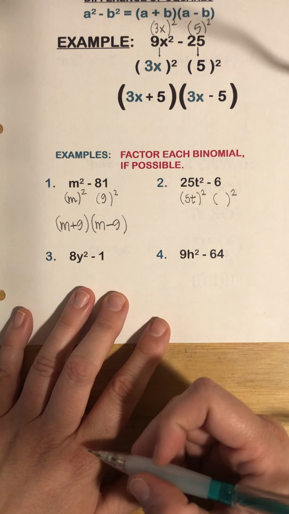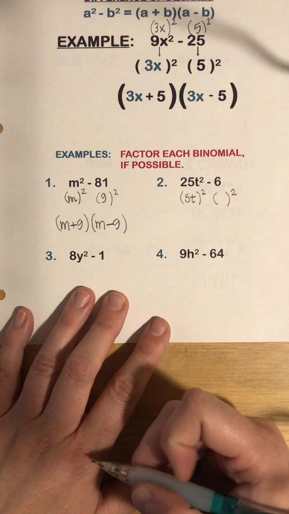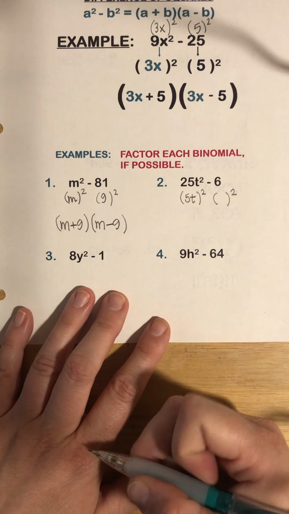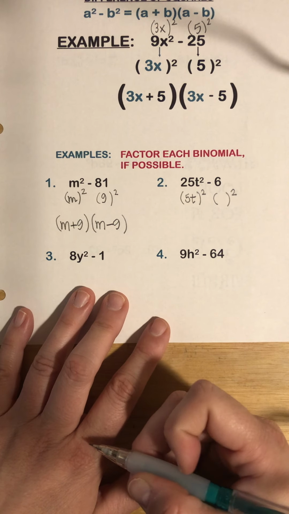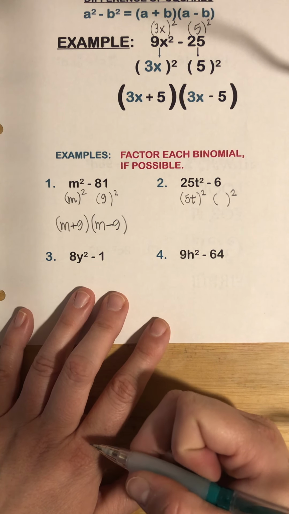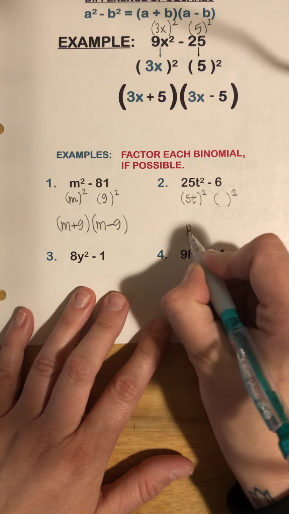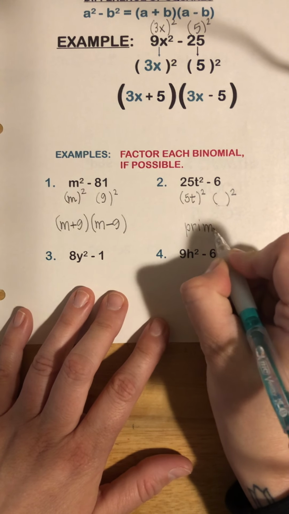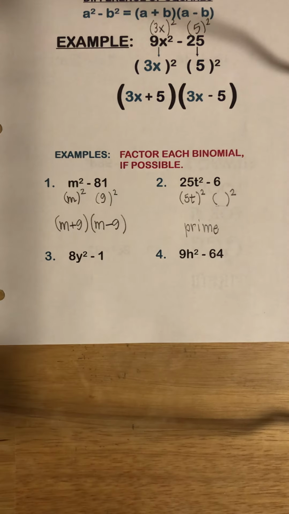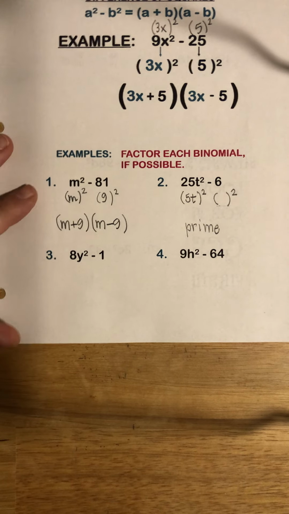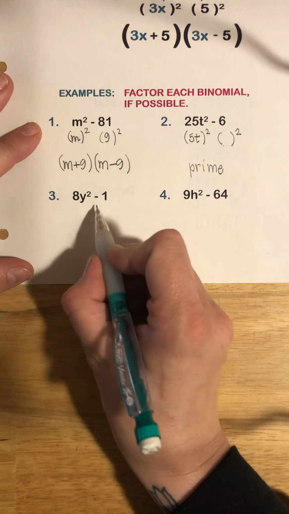Somebody probably thinks 3, but that's not accurate because 3 squared would be 9. Well, would 2 work? No, because 2 squared is 4. So guess what? There's not a nice whole number integer that's going to fit right here. So this one is not possible. And so we're going to say that it is prime. We cannot factor it.